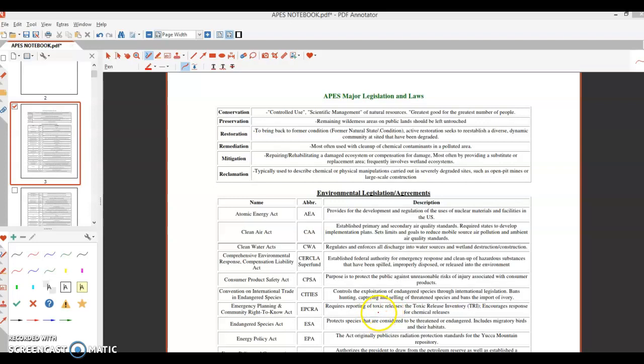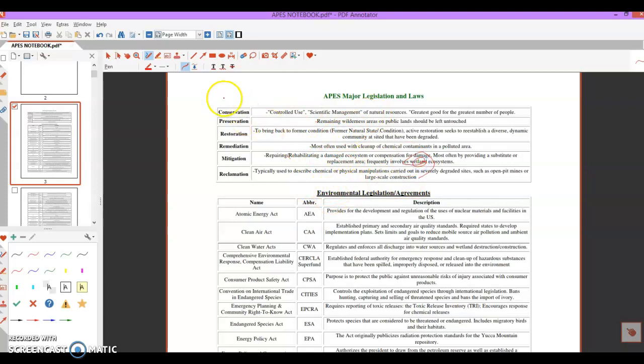So basically, what I would like to see you do is highlight exactly how I am doing and write the notes that I'm writing, so that your binder will look exactly like mine. Okay, up here at the top, let me get my pen to work.